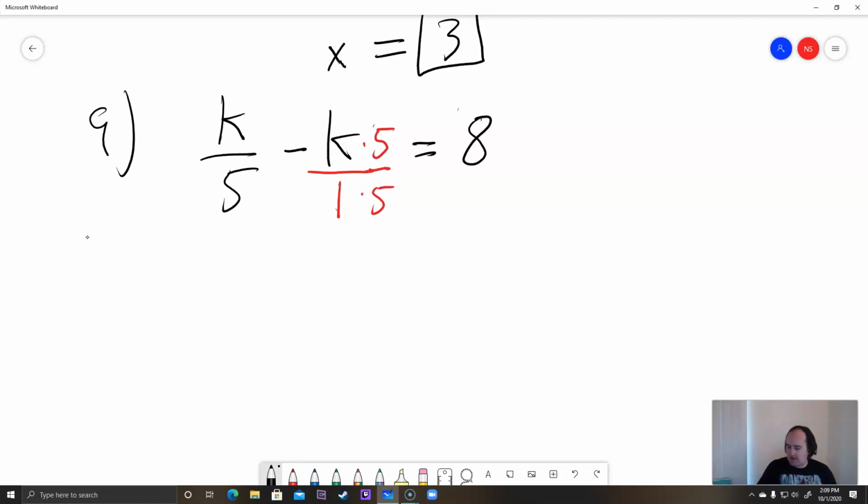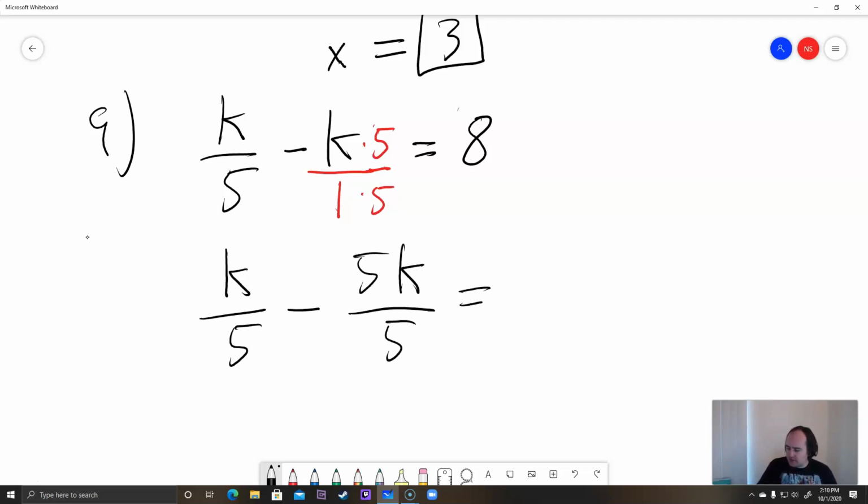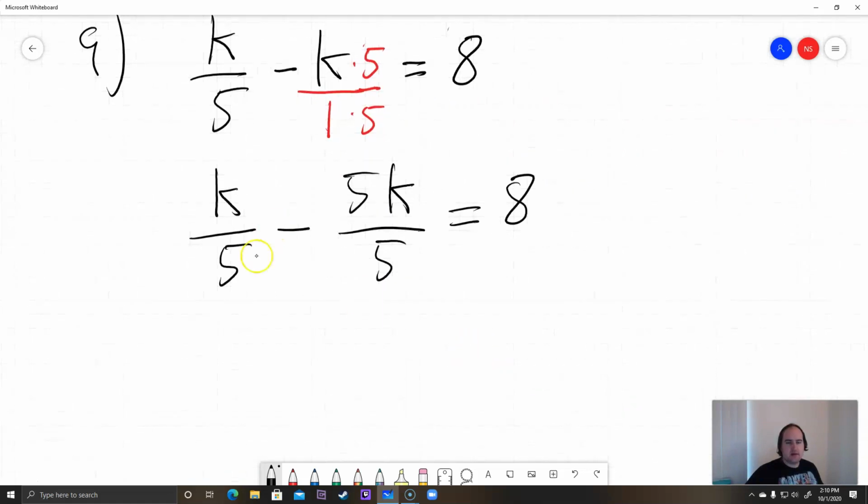So what's that going to give us? Well, on the left side, now we're going to have k over 5 minus 5k over 5 equals 8. And then for the 5k over 5, this has the same denominator as k over 5. So what this actually means is we get to keep the denominator and then we subtract the numerators.